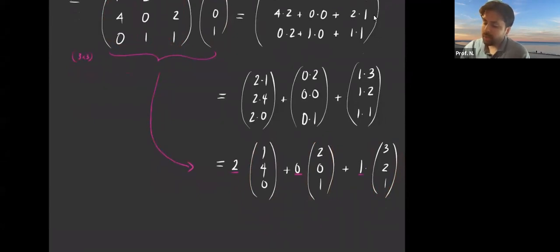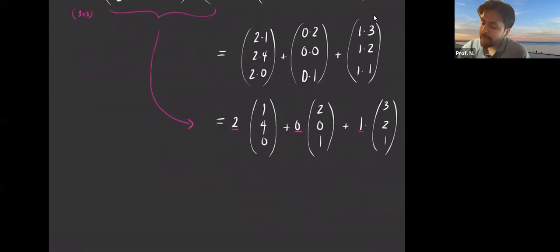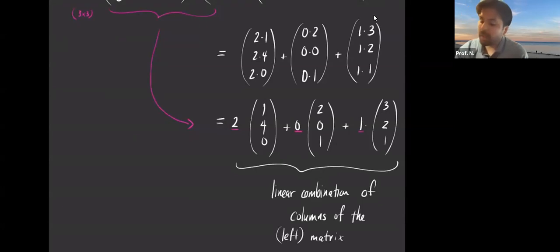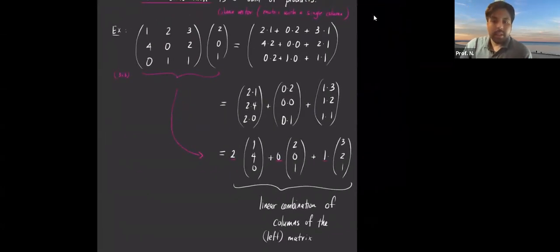So here we hopefully see that matrix multiplication is a linear combination of the columns in the left matrix, or of the left matrix. So that's another way to think about matrix multiplication.